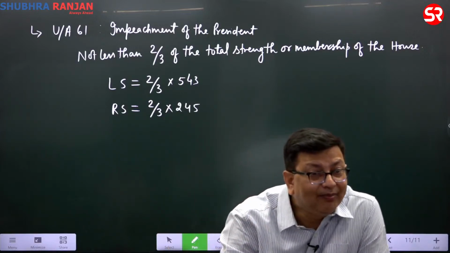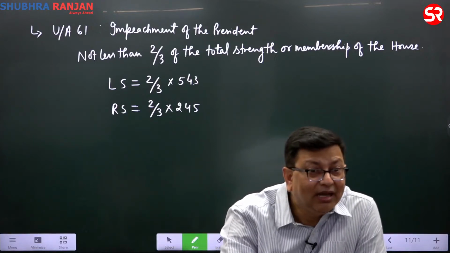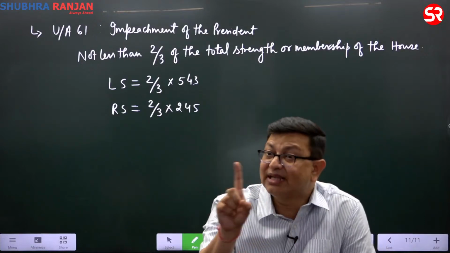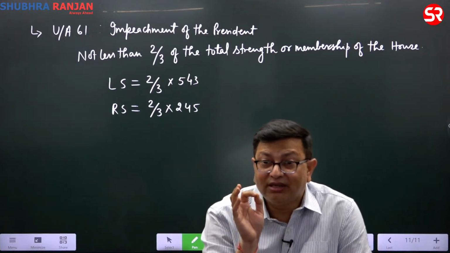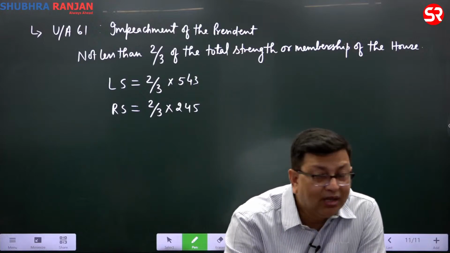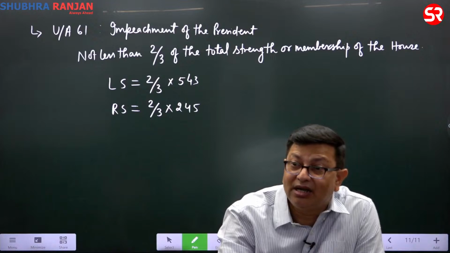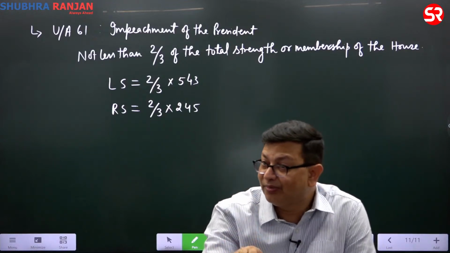For example, in America, the president and the judges of the Supreme Court both are impeached. The process is the same. The resolution for the impeachment of the judge of the Supreme Court or the President of America is introduced in the House of Representatives, which is the lower house.